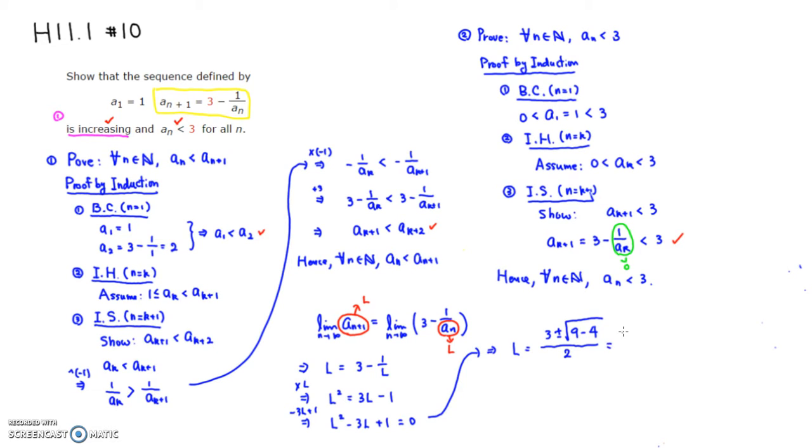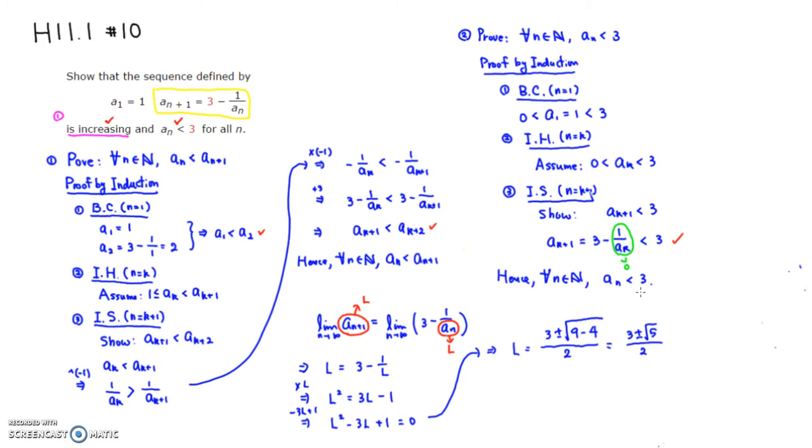So we have 3 plus or minus square root of 5 over 2. Right? Then we have two choices: 3 plus square root of 5 over 2, and 3 minus square root of 5 over 2.